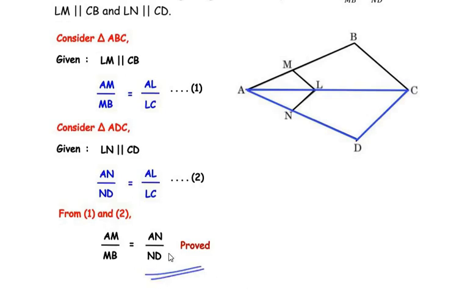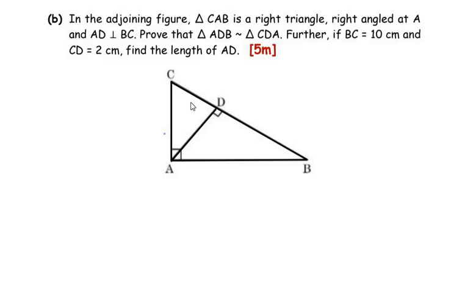Now let us move on to the next question. In the adjoining figure, triangle CAB is a right triangle, right angled at A, and AD is perpendicular to BC. Prove that triangle ADB is similar to triangle CDA. Further, if BC is equal to 10 cm and CD is equal to 2 cm, find the length of AD.